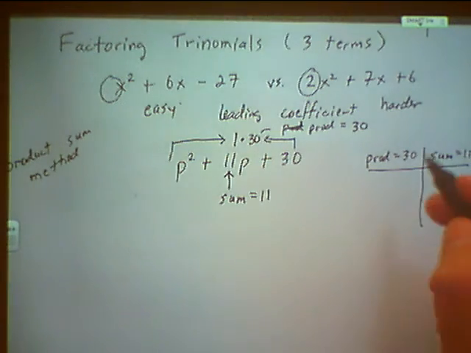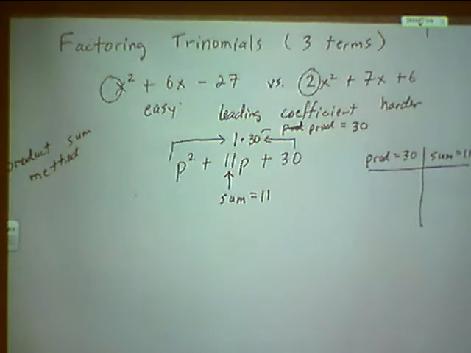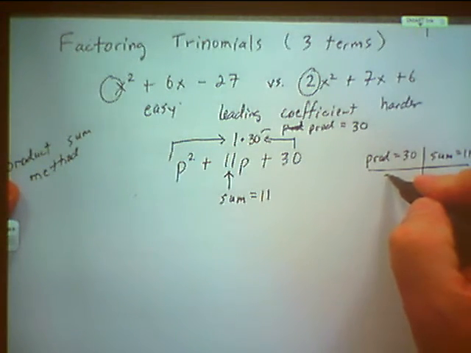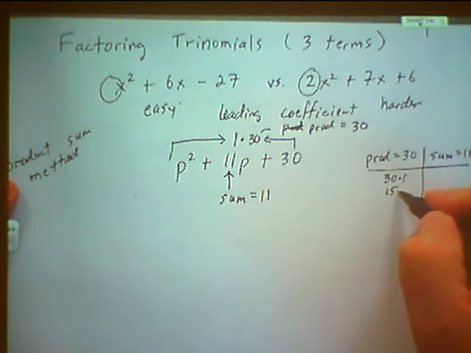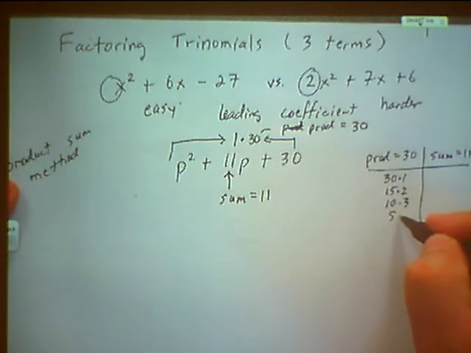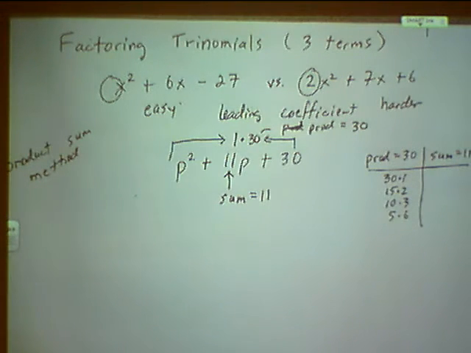I'm going to break this 30, the product, into two numbers multiplied together. What are my possibilities? I can have 30 times 1, 15 times 2, 10 times 3, 5 times 6. I think that's it.